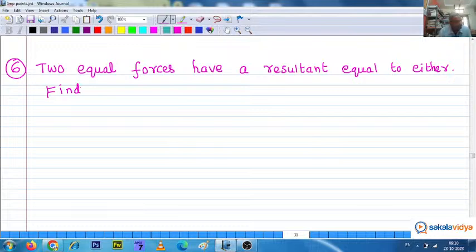Find the angle between the forces. Angle between the forces.